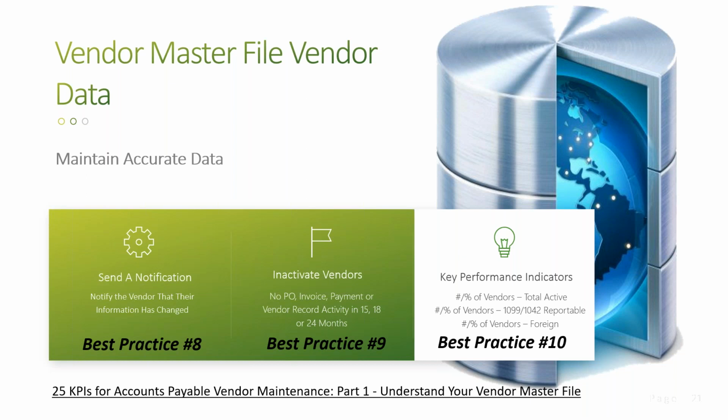You can use this KPI to indicate a need to inactivate vendors or identify normal spikes of activity based on the time of year. You can also use it in your business case to support a request for a vendor self-registration portal or some other automation tool that can help in the vendor process.